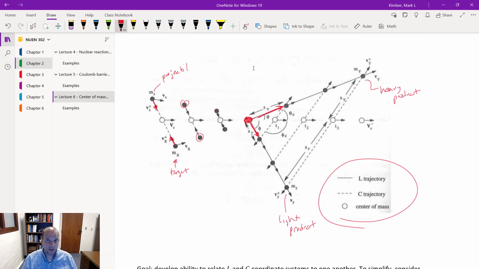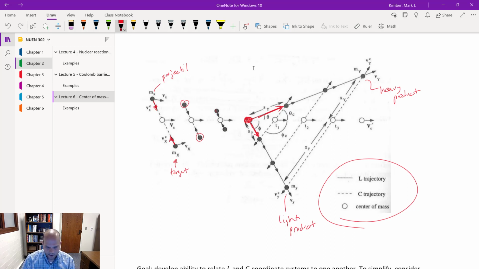I would move at some velocity, and if I'm looking one way, I see the projectile coming towards me from this side, and I look the other way, exact opposite way, and I see the target coming towards me. And I've chosen this velocity such that the net momentum is going to be 0.